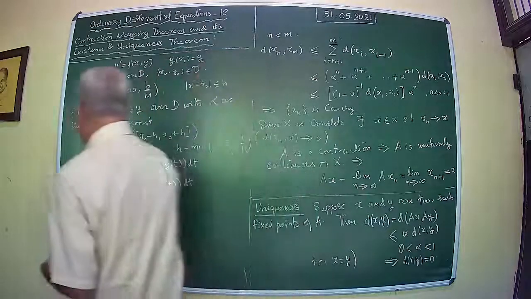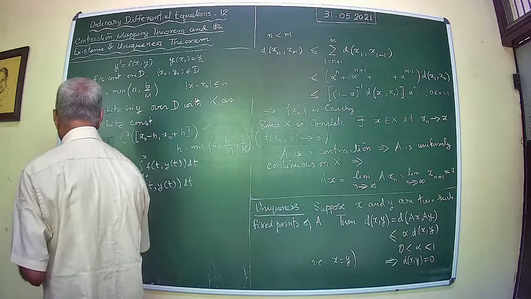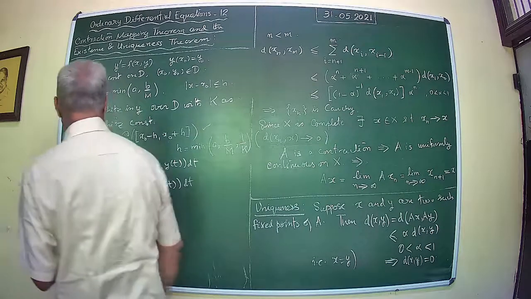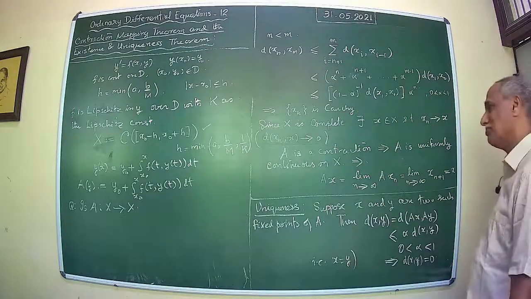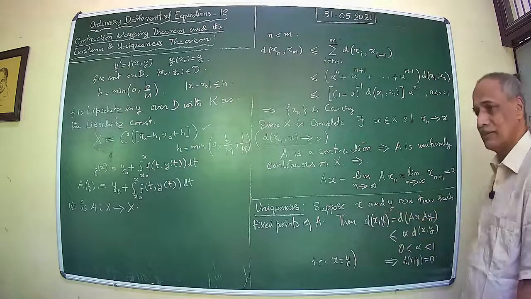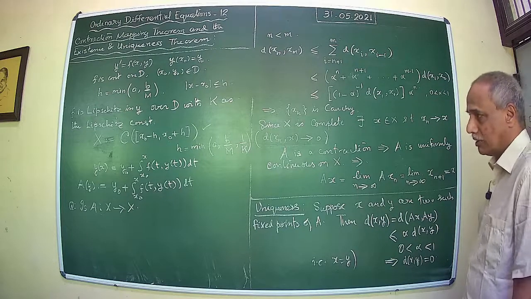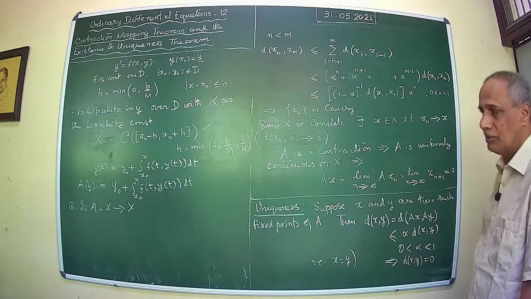The first question that you ask is this: is A from X to X? This is the admissibility condition, so that you can construct the sequence starting from some x naught. Okay, so is this a map from X to X?